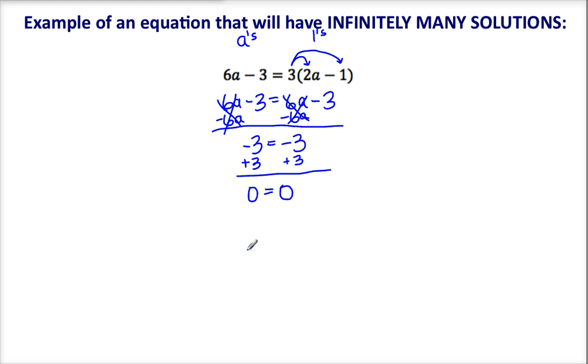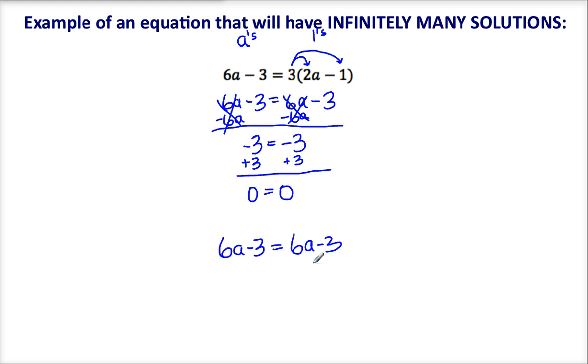So if we remember what it looked like at this point, it was 6a minus 3 on one side and 6a minus 3 on the other. Obviously, we have the same thing on both sides of the equation. So no matter what we put in for a right here, it's going to be the same thing when we put in an a right here.